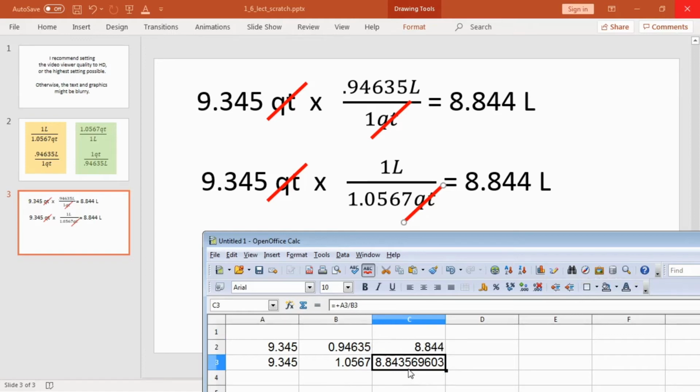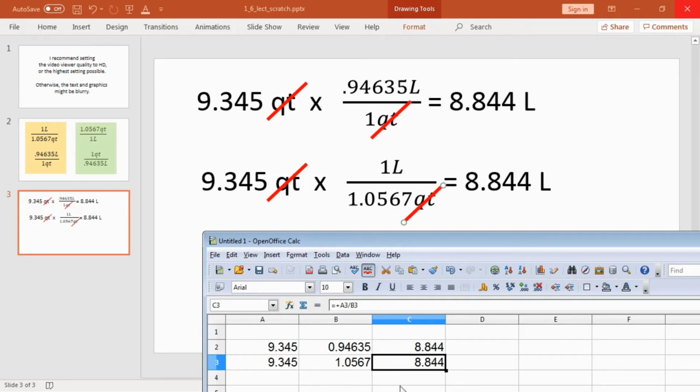By the way, for this one, I went to cell C3, typed a plus, took 9.345, pressed the slash, moved the cursor to highlight 1.0567, and pressed return. Again, we get an unrounded figure, and you can format the cell so that it rounds it automatically.